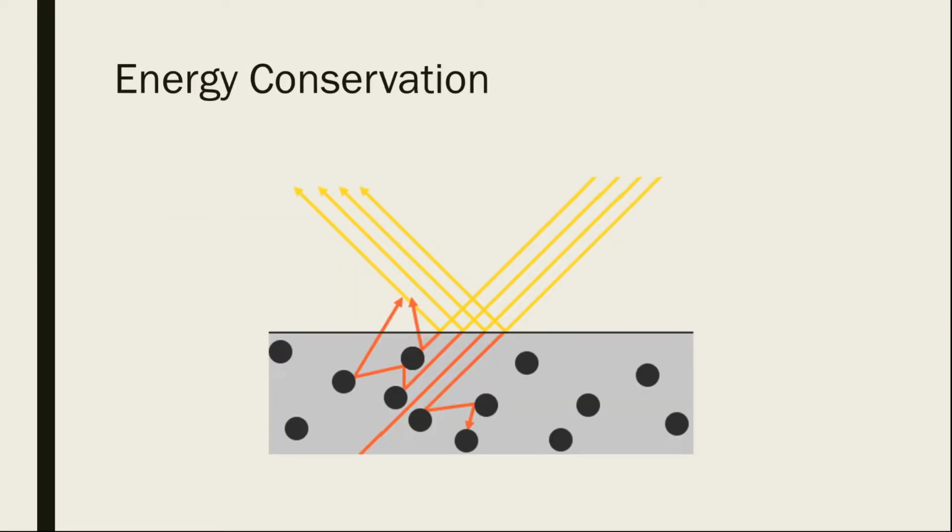The second condition is that it has to be energy conserving, which means that the outgoing light energy must not exceed the incoming one. When the light goes to the surface, it is separated into two parts: the part that is absorbed into the body and the part that reflects away.